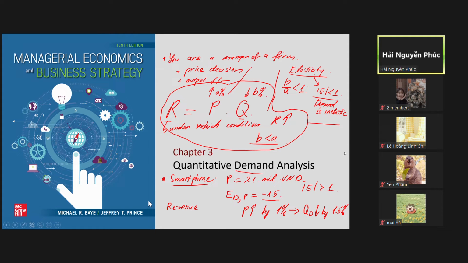So if you plug this information into the formula of revenue, you can see that the price increased by 1%, quantity demanded decreased by 1.5%, then the revenue will decrease by 0.5%.